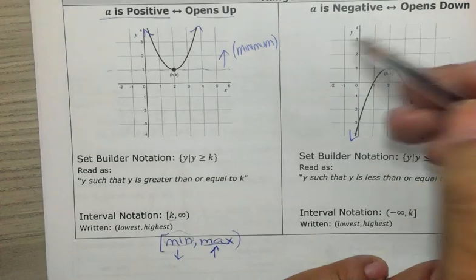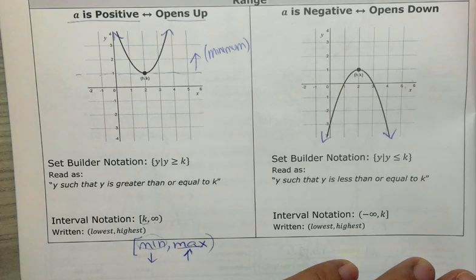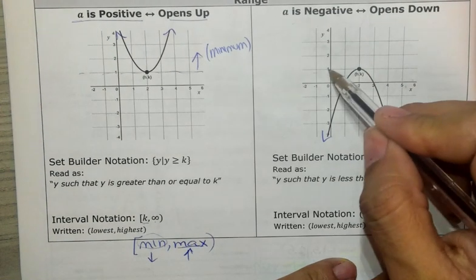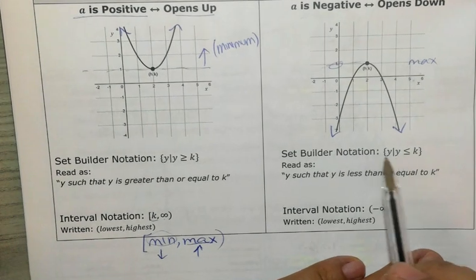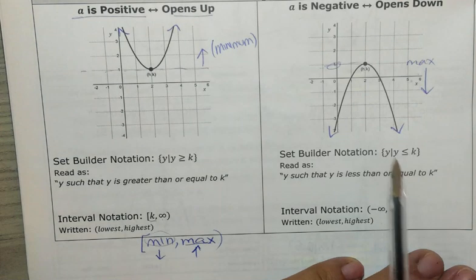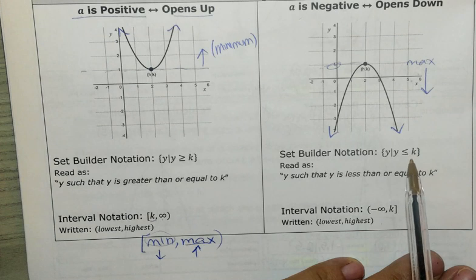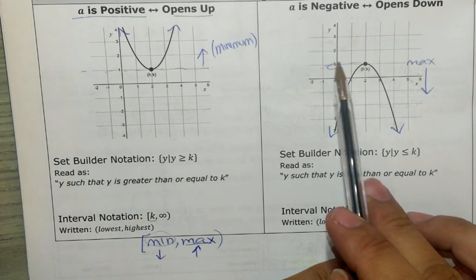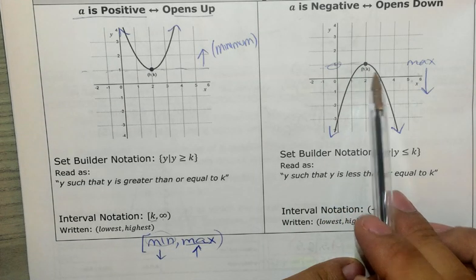And the parentheses means it's just approaching it and never touching it. If you have an a that is negative, you have a graph opening down, which just switches everything up. Now you have a maximum, and that maximum means that you only have values that are lower than that maximum. So your set builder notation states that by having the less than. That less than k means k, the highest y value you have on the vertex.